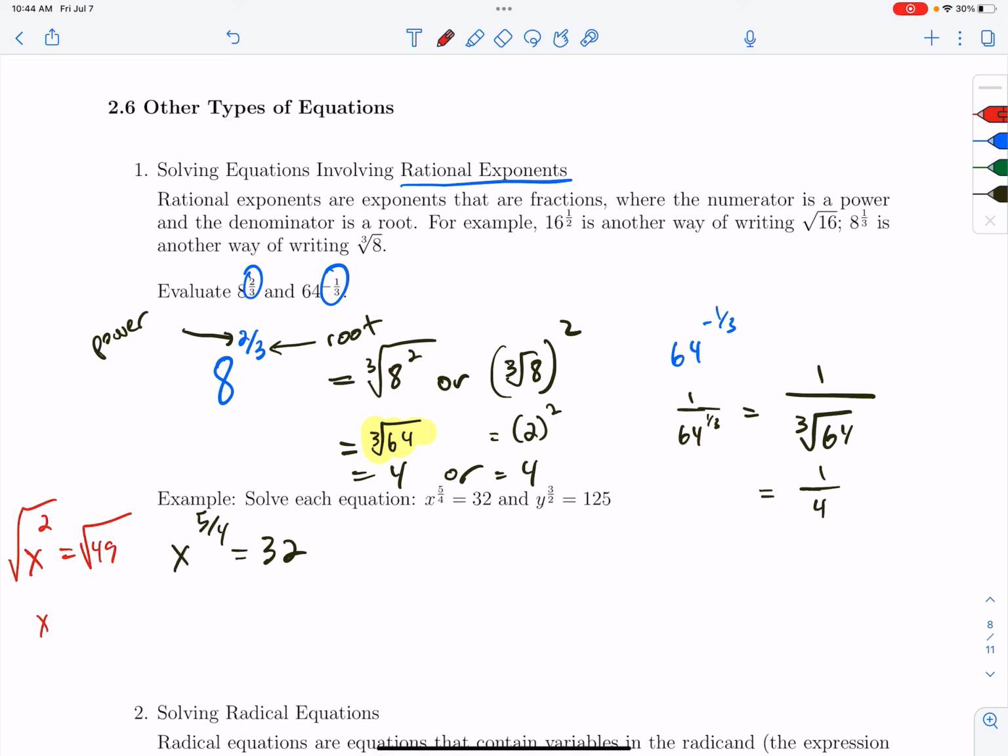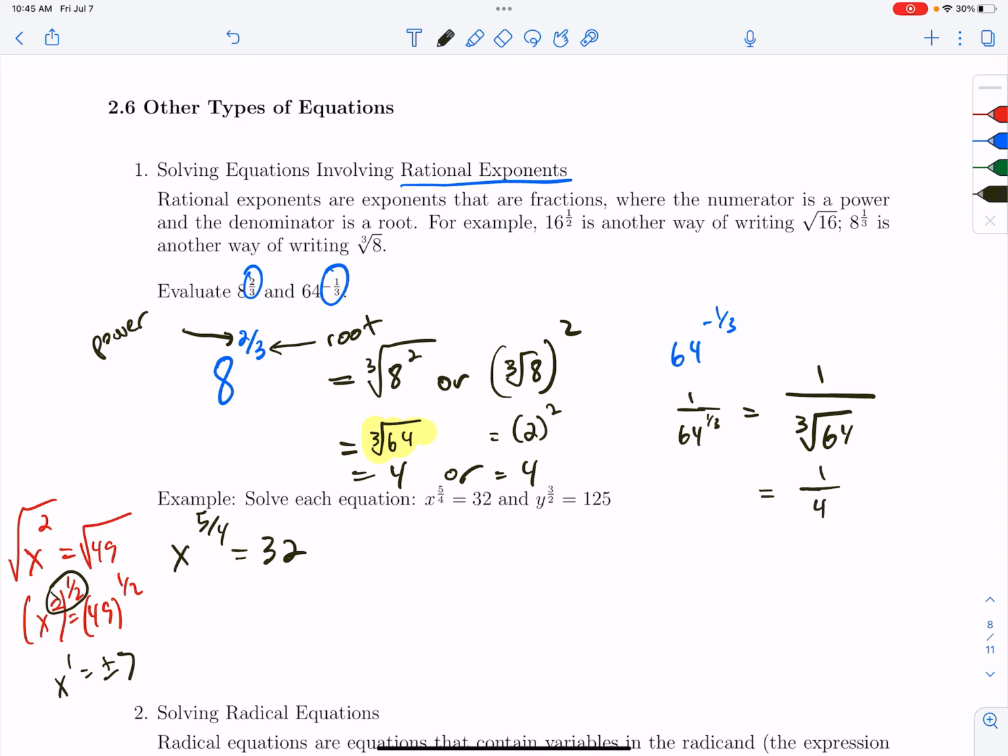Another way to think of this is I could rewrite that radical symbol as a 1/2 power. So x squared to the 1/2. By doing that, the 2 here and the 1/2, when I multiply those exponents, I get x to the first power. So x to the first is equal to 49 to the 1/2 power, which just means the square root of 49. So plus or minus 7 here.